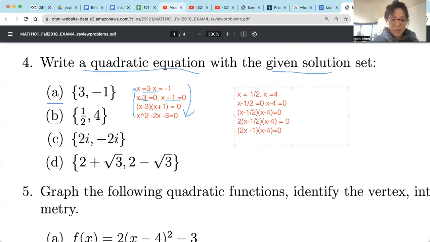Now I can expand: 2x squared. Well, 2x times -4 gives me -8x. -1 times x gives me -1x. So together I get -9x. Then -1 times -4 gives me +4 equals 0.